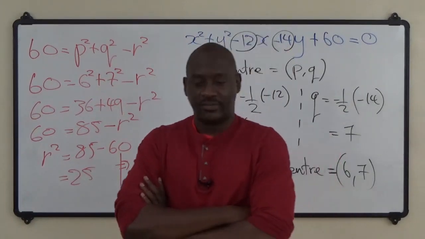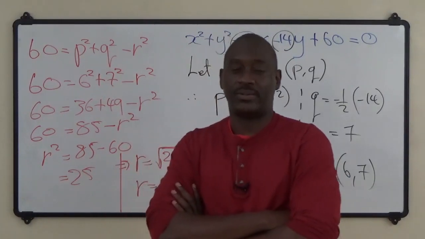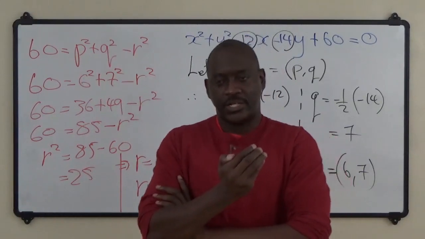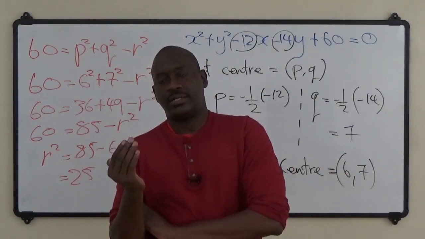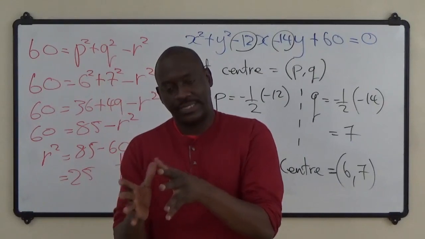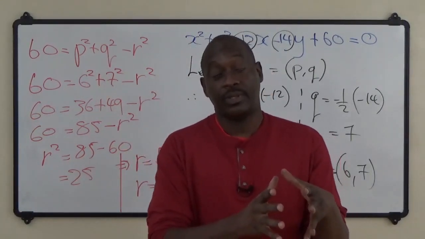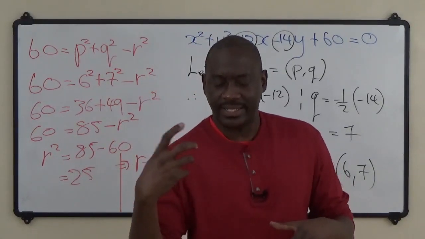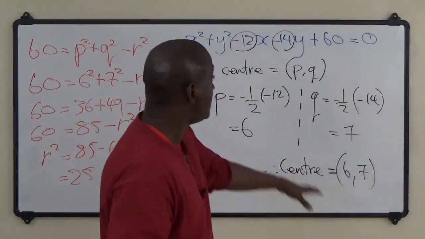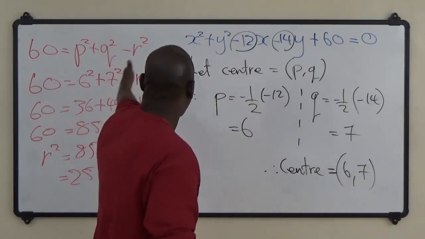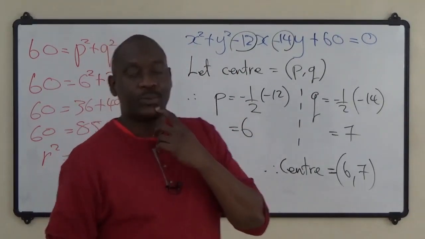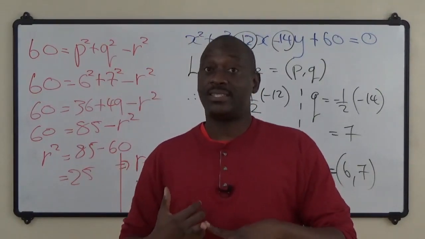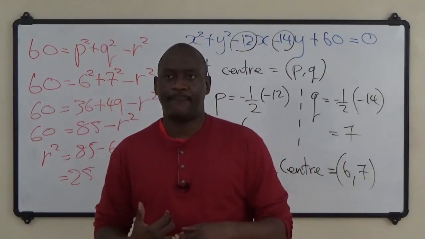So make sure you do enough questions practicing the standard form of the equation of a circle to get it rock solid. Then make sure you could move from the standard form to the general form. Make sure now that you could take the general form of the equation of a circle, just as we did here, and extract the key information, which would be the radius of the circle and the coordinates of the center of the circle.